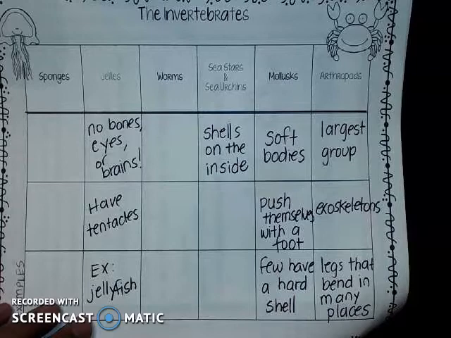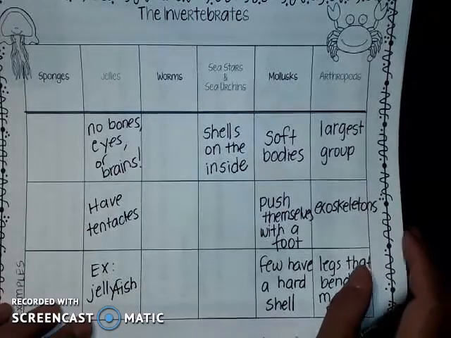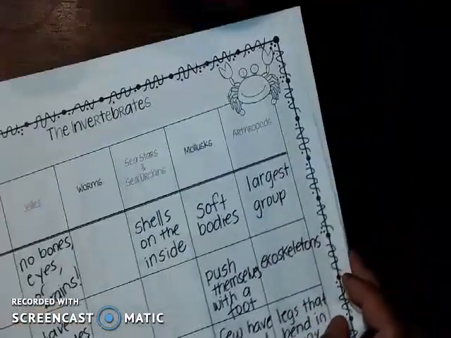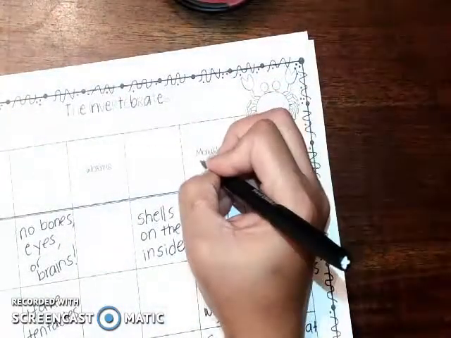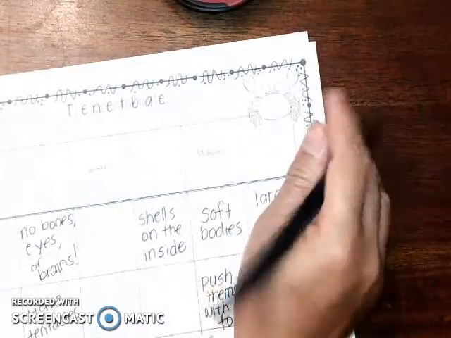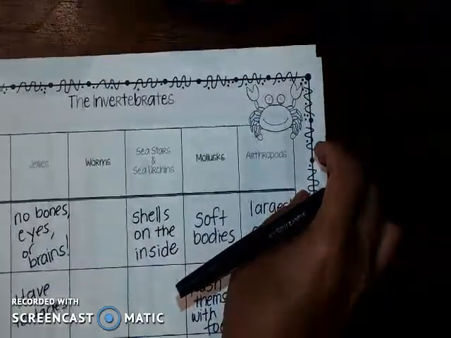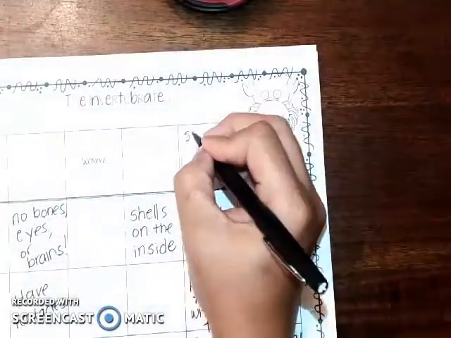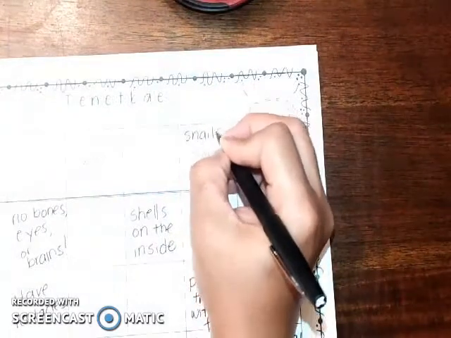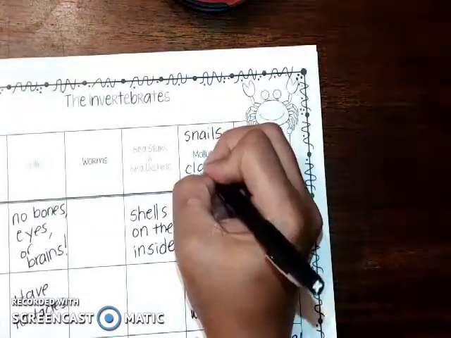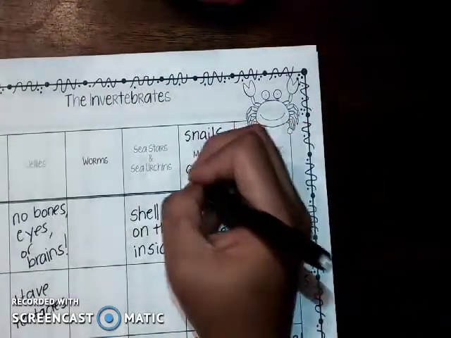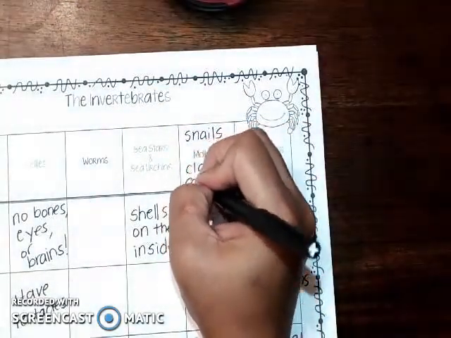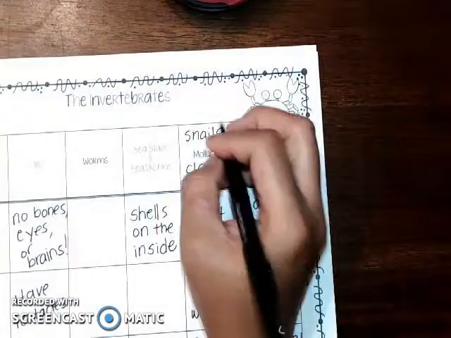Let's keep going. You know what? Right in here in the mollusks, I'm going to put some examples right here where it says mollusks. I'm going to write snails, clams, and squids. And octopus belongs here too.